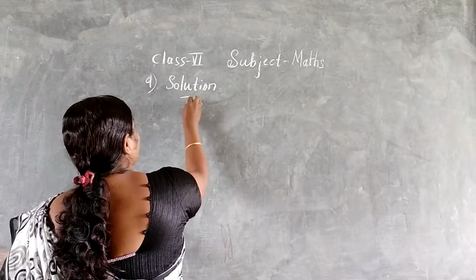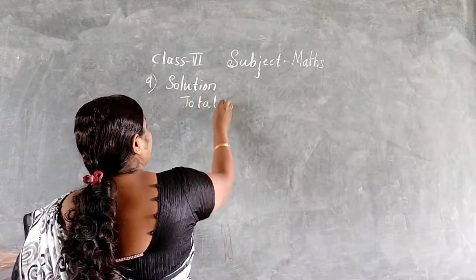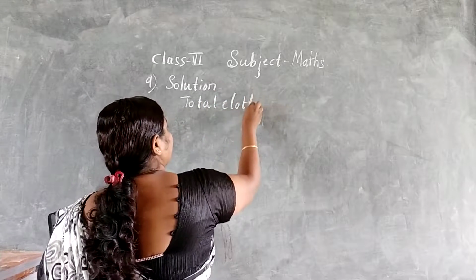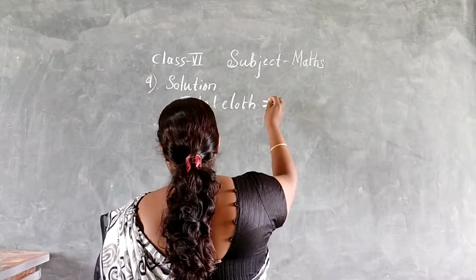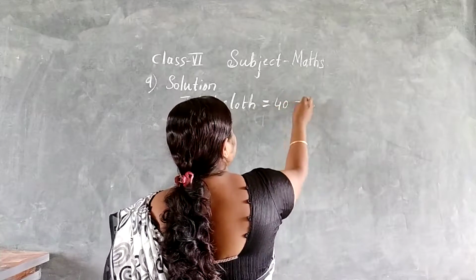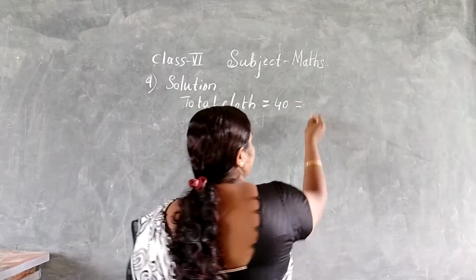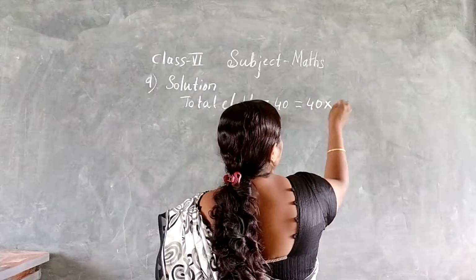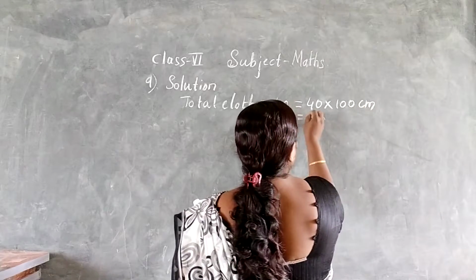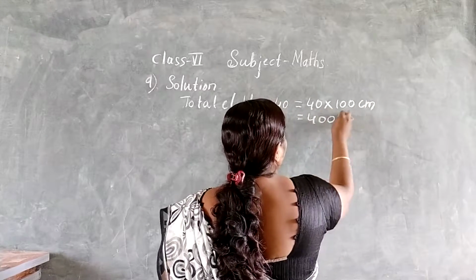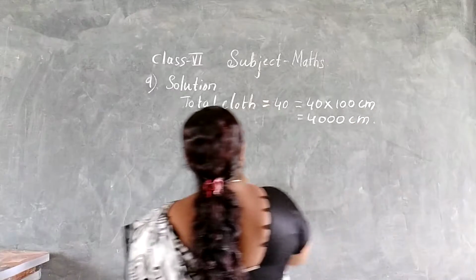Total cloth is equal to 40 meter. Just convert this into centimeter. 40 into 100 centimeter, so that is 4000 centimeter.